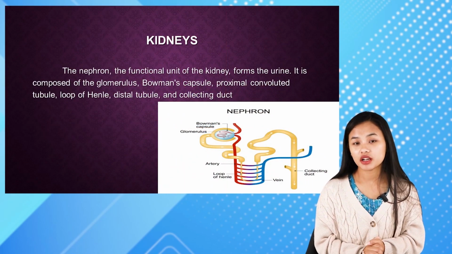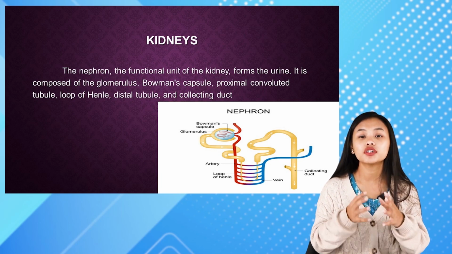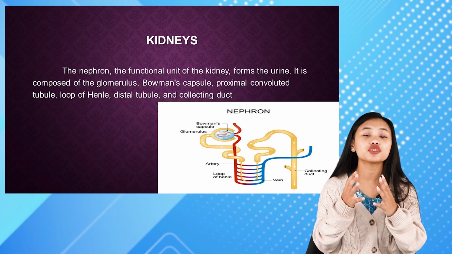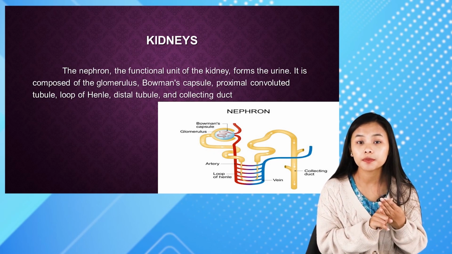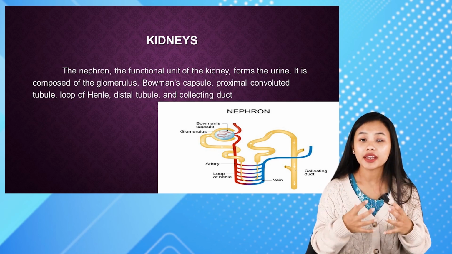So here there will be a cluster of blood vessels that will be forming the capillary network of the glomerulus. So these glomerular capillaries will permit the filtration of the water, glucose, amino acids, urea, creatinine, and also the major electrolytes into the Bowman capsule.